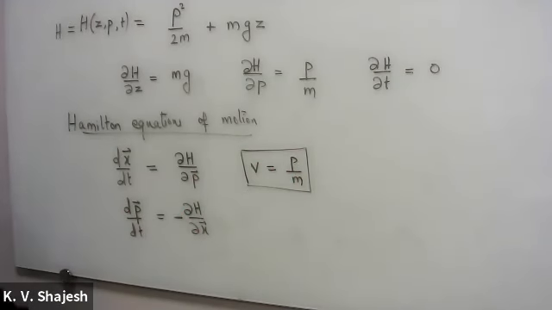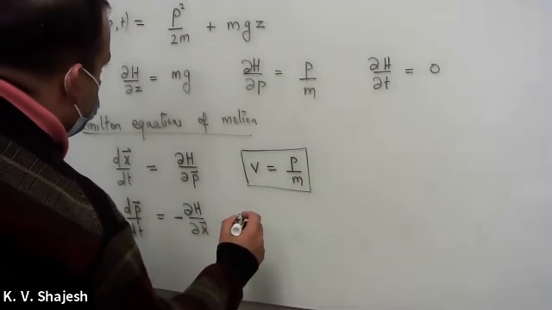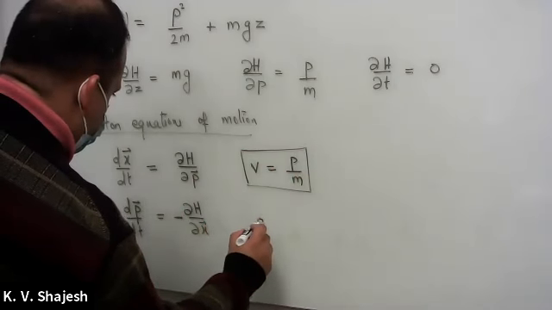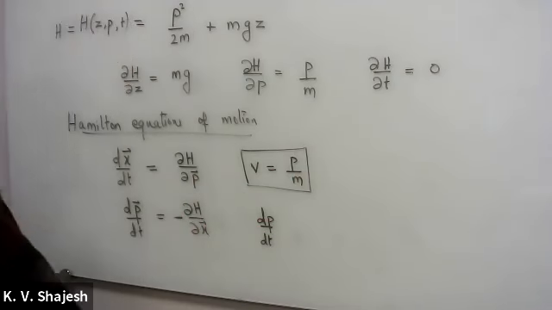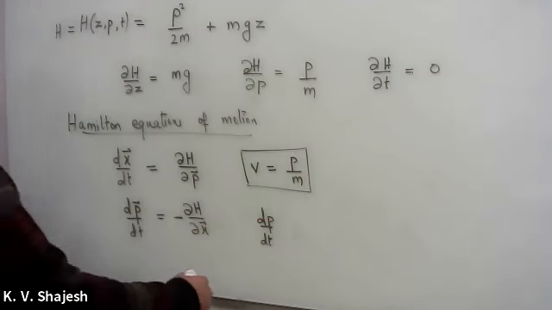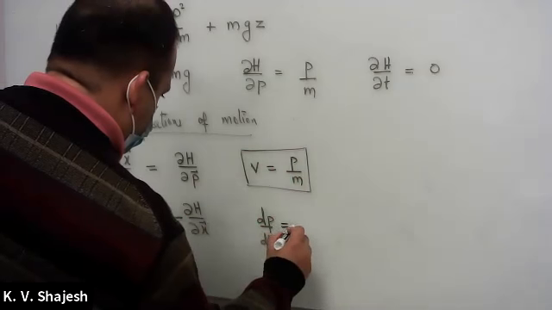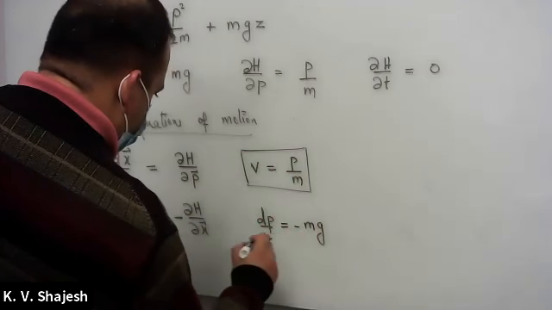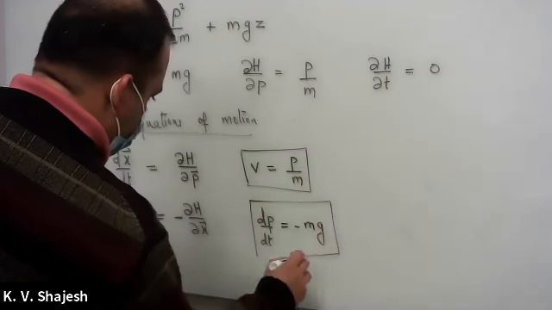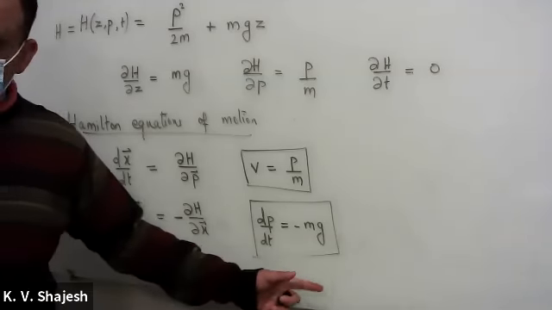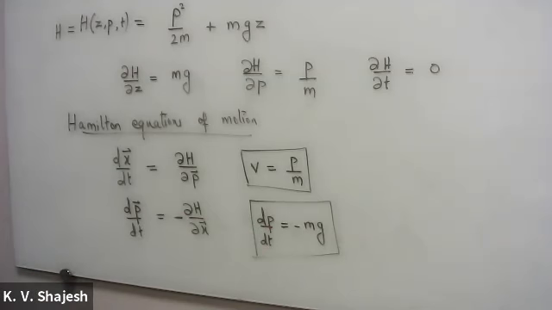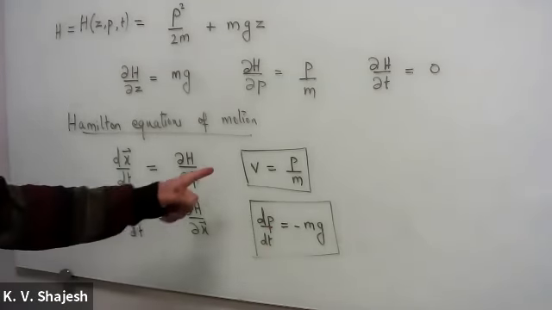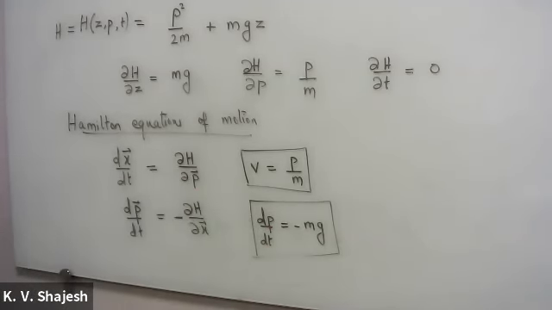The derivative of momentum with time, dp by dt, is equal to minus the partial derivative of h with respect to z, in our case minus mg, which is of course the equation of motion if we were to do Newtonian physics. So finally we do get everything to be consistent, but that's the way you would write it.